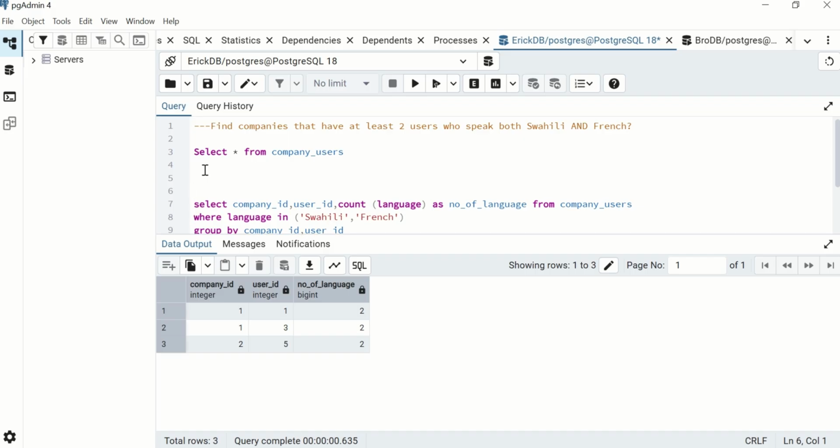Let's use a subquery. We're going to write: select company ID, and then count 1, which we can call number of users.